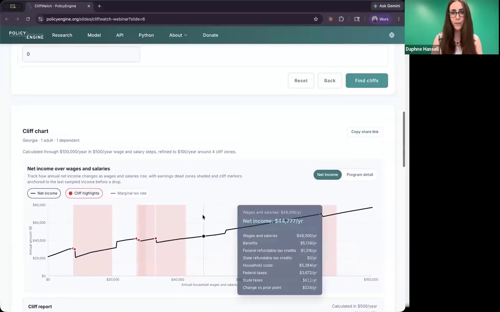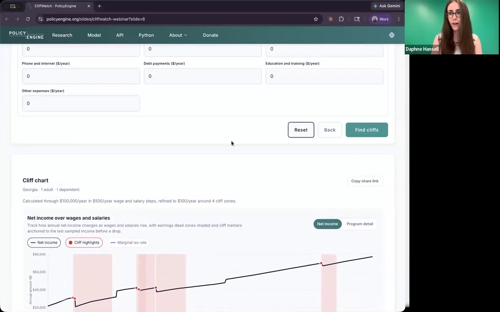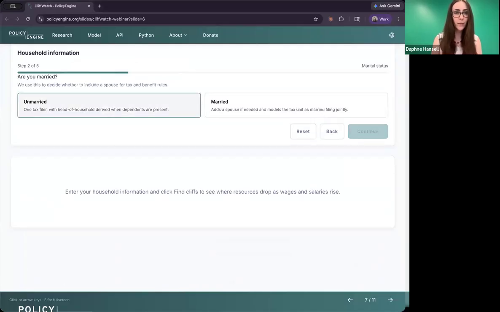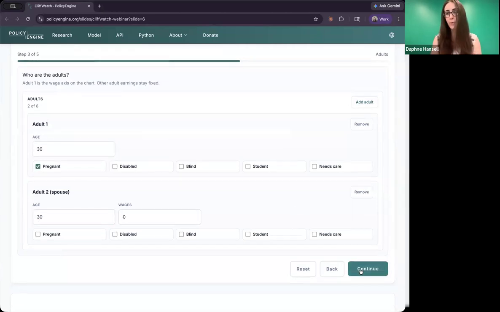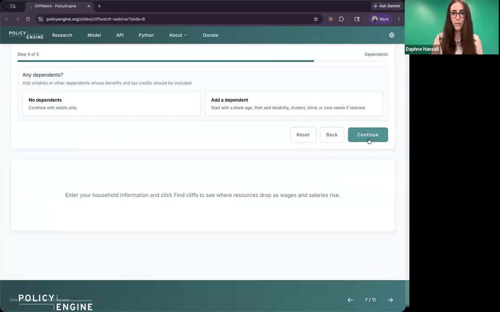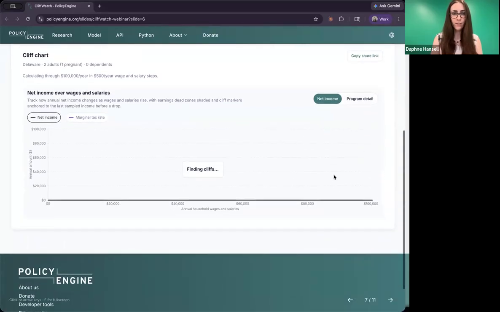Okay, and so now for a final example, let's look at an example in Delaware. This one will be mildly less cliffy, of a married couple, 2 adults, and one of them is pregnant. And so we can find some cliffs here.